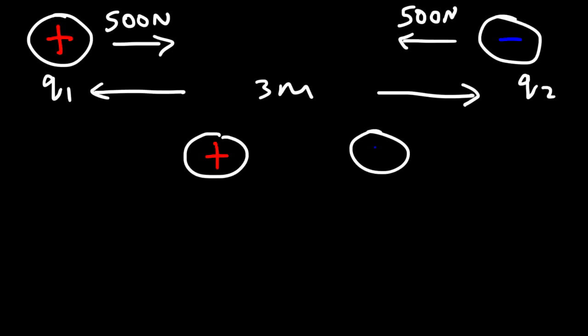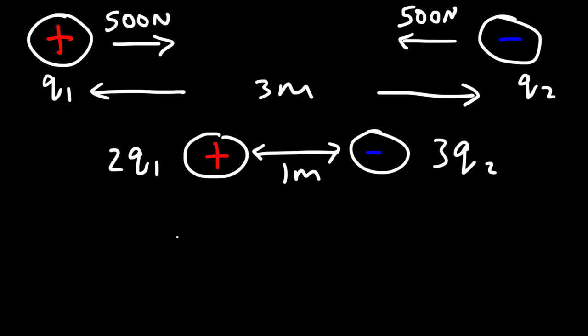So let's say the separation distance is now 1 meter instead of 3 meters. So we reduce the distance by a factor of 3. And at the same time, let's double the magnitude of charge 1 and let's triple the magnitude of charge 2. So by what factor will the force increase?